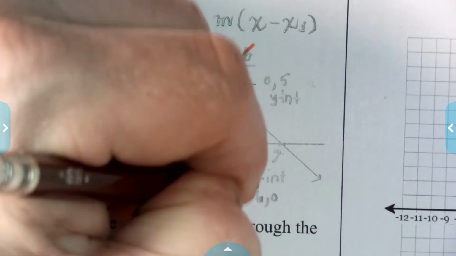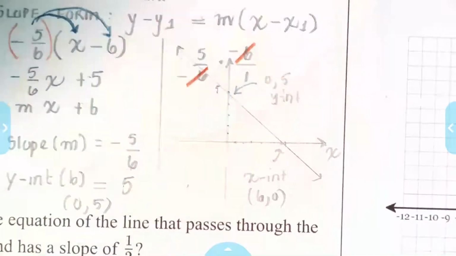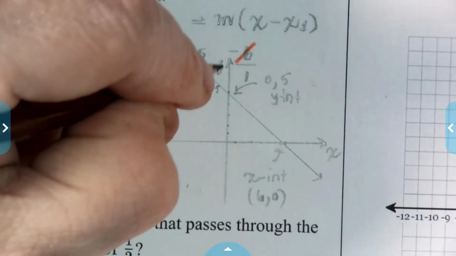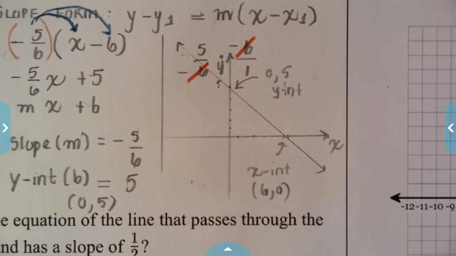Or pardon me, backwards, 6, 0. And of course, I didn't label the axes, but this is x horizontally and then y vertically. And that's what it would look like graphed.